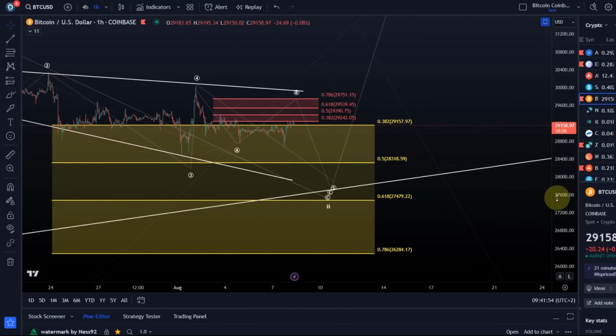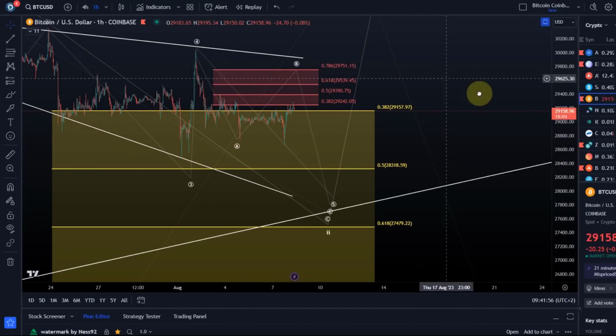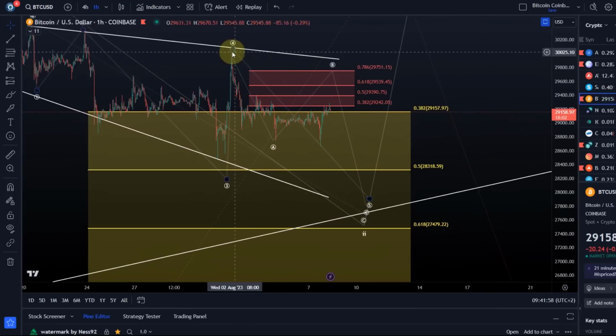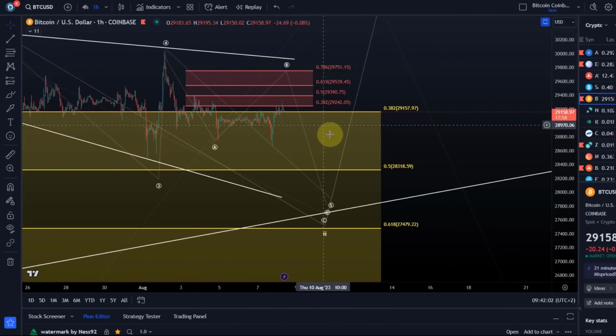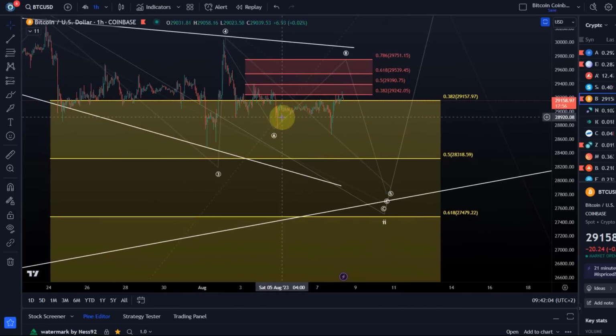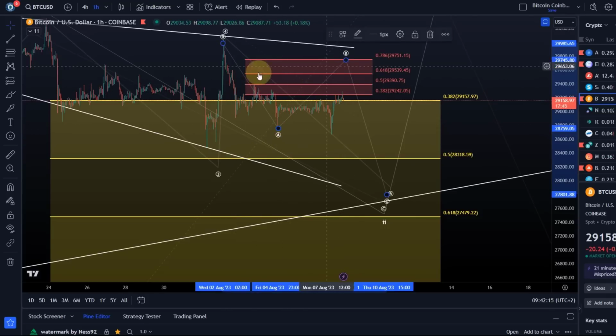Now, if we then zoom in to our preferred wave count, we say, okay, if we come down in this ABC structure in wave 5, where are we? So in my first interpretation, we are basically here in the B wave still. It hasn't made a new local high yet, so it's not 100% confirmed, but we could be in this B wave after A wave bottomed on the 4th of August.